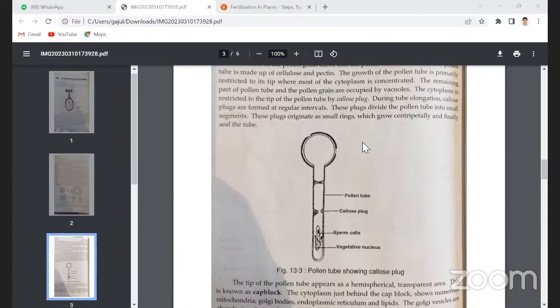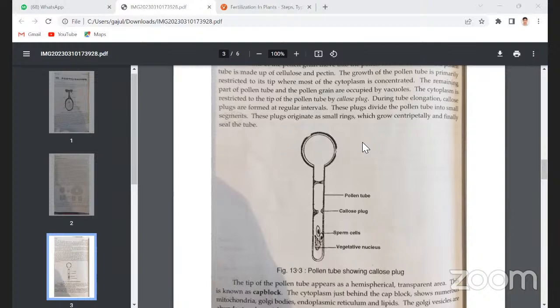The cytoplasm is restricted to the tip of the pollen tube by callose plugs. During tube elongation, callose plugs are formed at regular intervals. These plugs divide the pollen tube into small segments. These plugs originate as small rings, which grow centripetally and finally seal the tube.